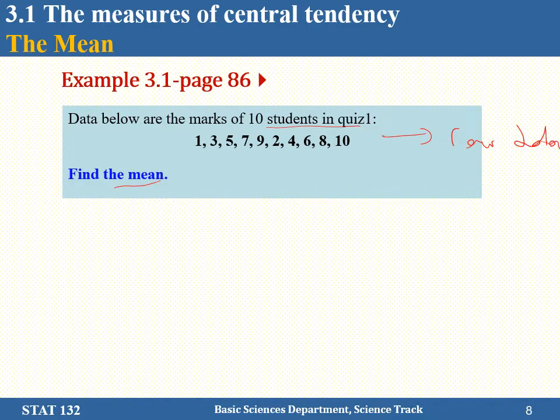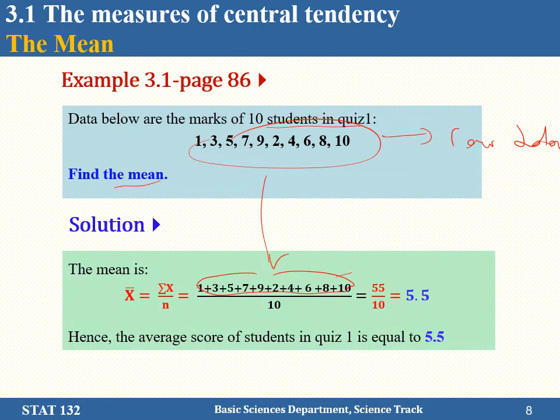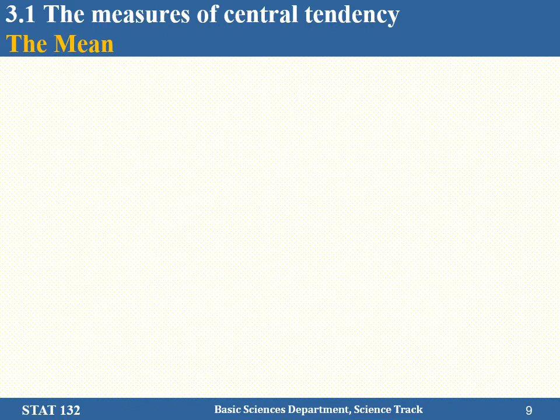And if you want to find the mean of the raw data, you basically add all of them, divide by the number of data. So you add all these. This makes 55 and divide by 10. 10 is the number of the numbers here: 1, 2, 3, 4, 5, 6, 7, 8, 9, 10. So you write 10 here, so this is 5.5. What you can say here is that the average score of students in quiz 1 is equal to 5.5 because these are the marks in quiz 1.